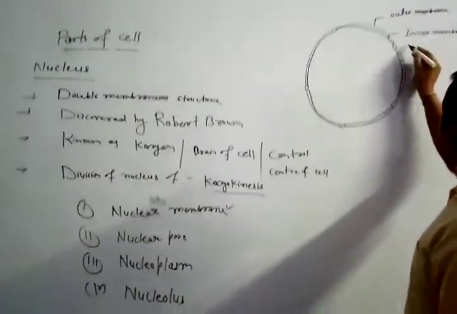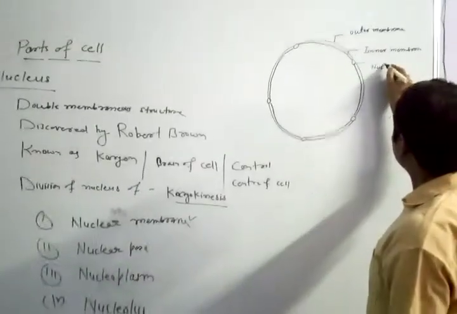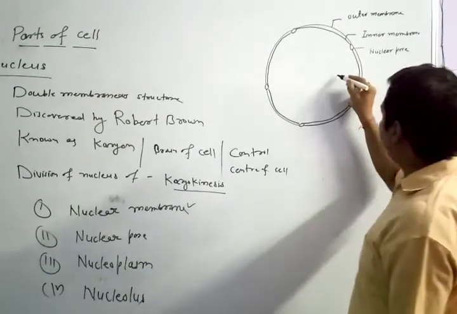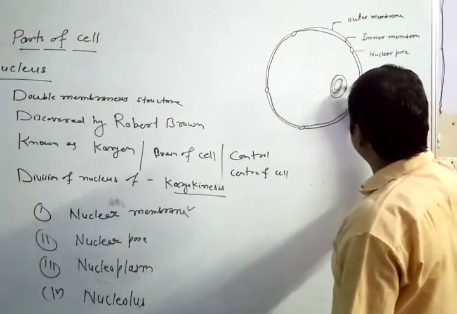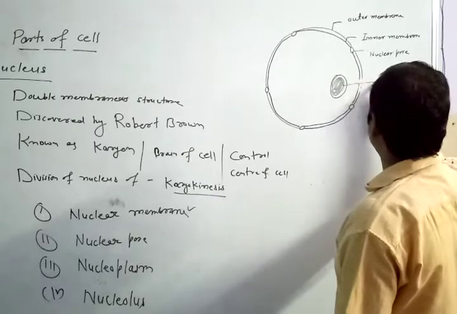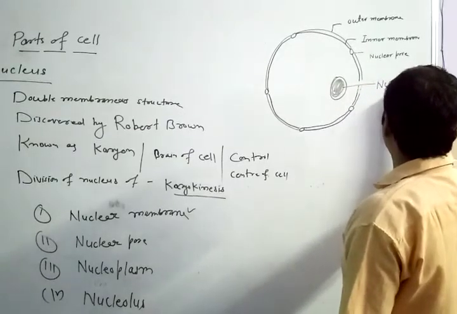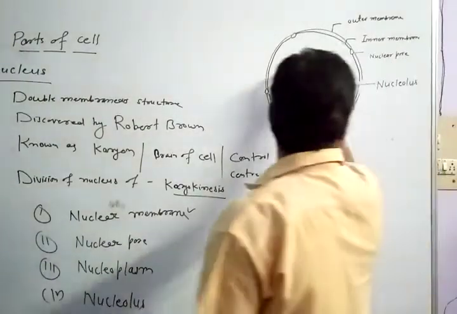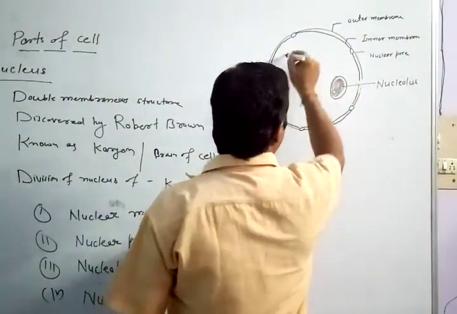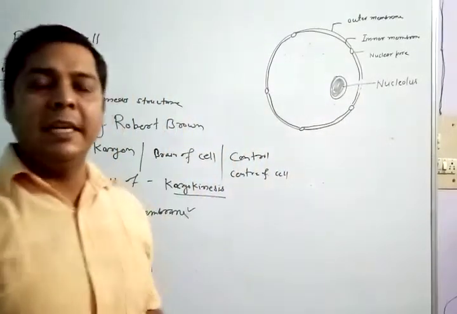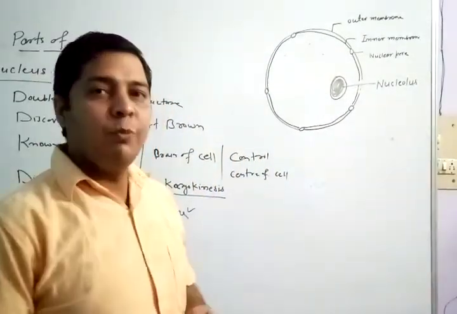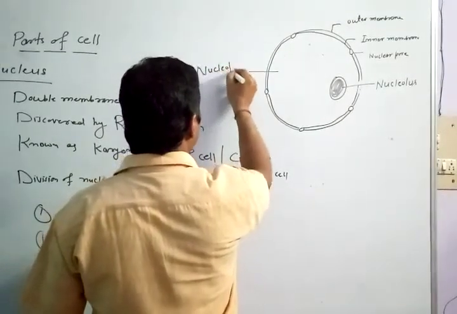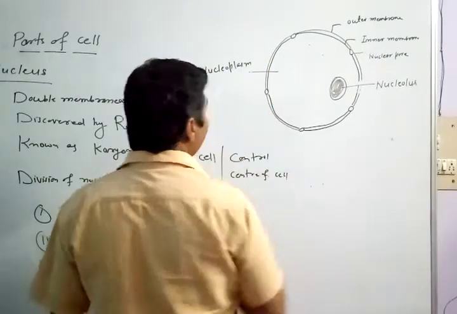And you may find this is the nuclear pore, and inside we find a dark solid structure called the nucleolus. In the nucleus you may see a fluid, jelly-like material called nucleoplasm.